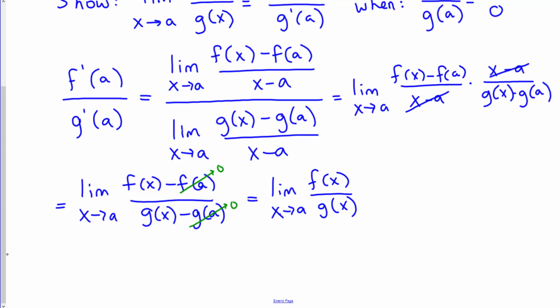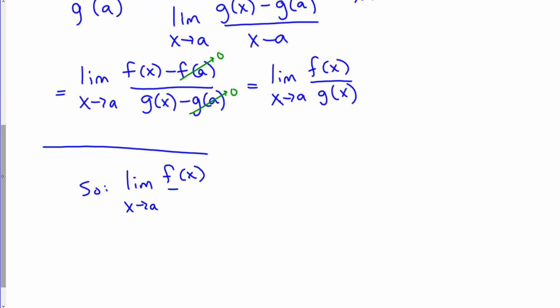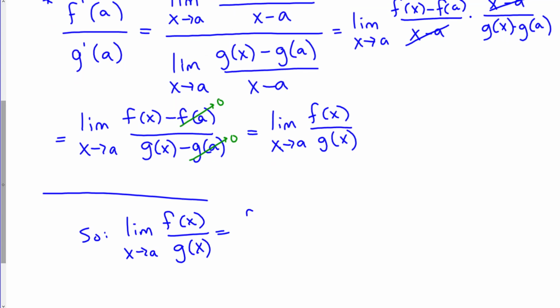So we've kind of made a complete sentence here, and we can now say that the limit as x approaches a of f of x over g of x is equal to, and if we went back through that statement of sentences that we did here to where we began, which was this step right here, that is equal to f prime of a over g prime of a.